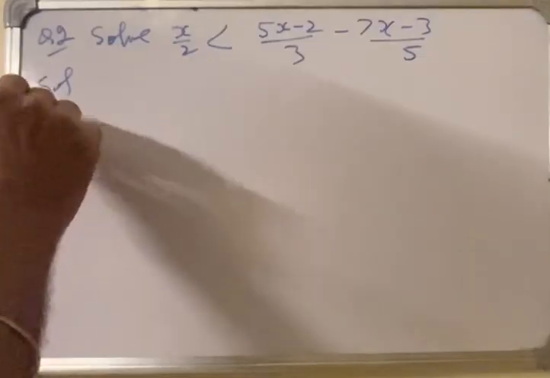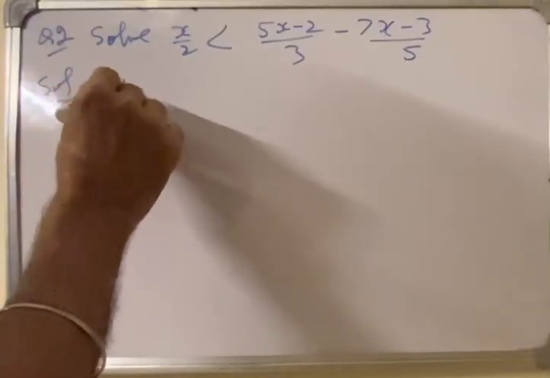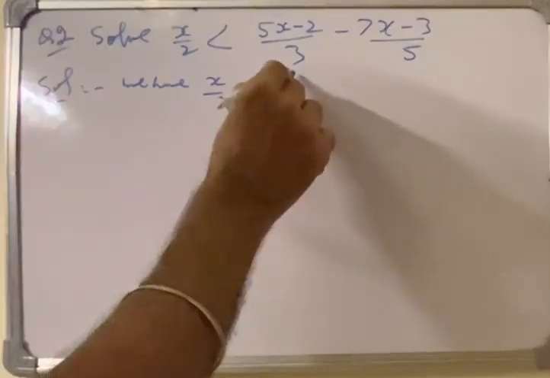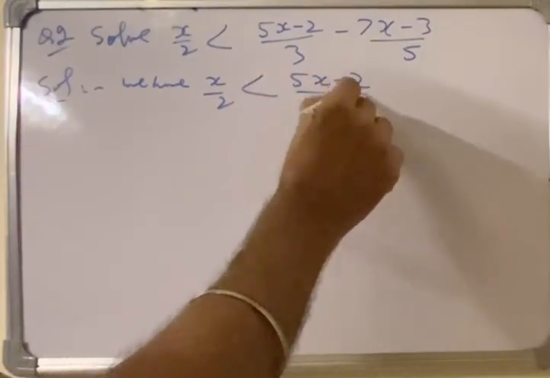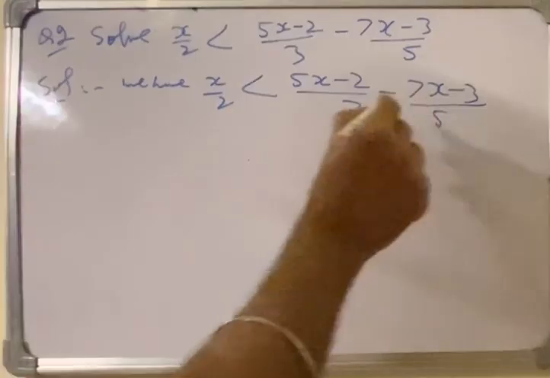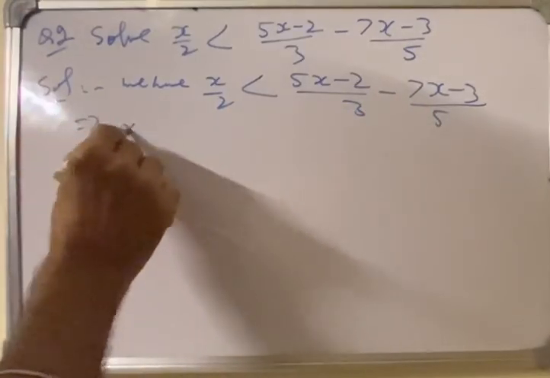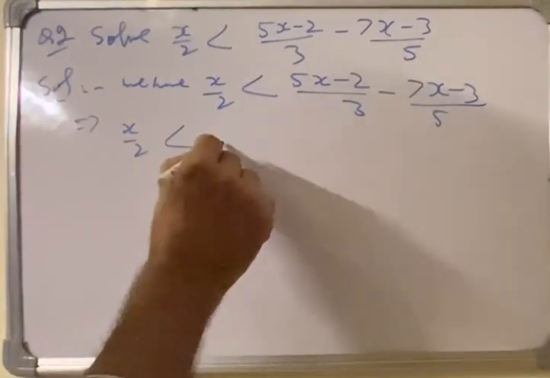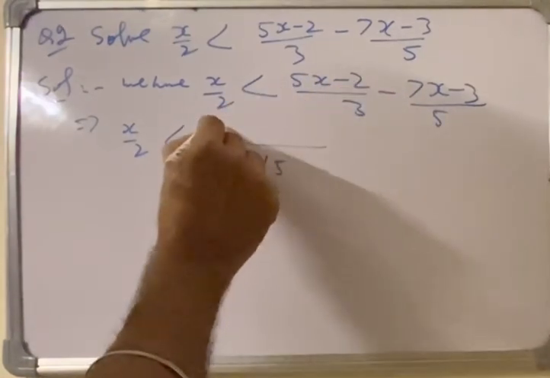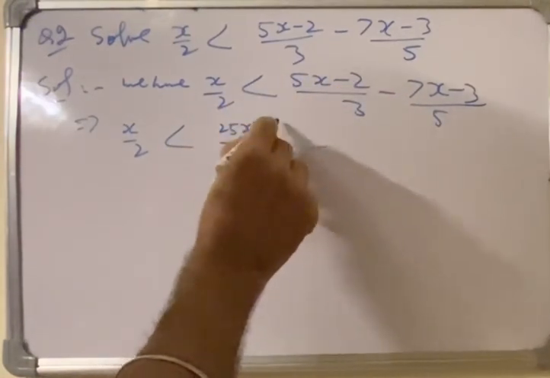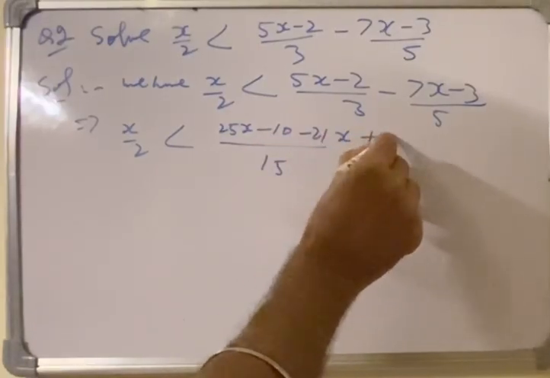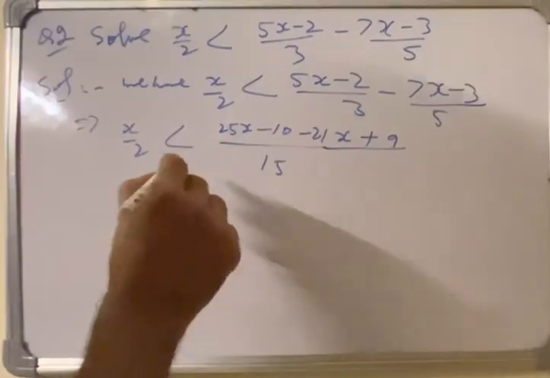Solution, we have x over 2 less than 5x minus 2 over 3 minus 7x minus 3 over 5, which implies x by 2 less than, we take LCM 15, it is 25x minus 10 minus 21x plus 9.